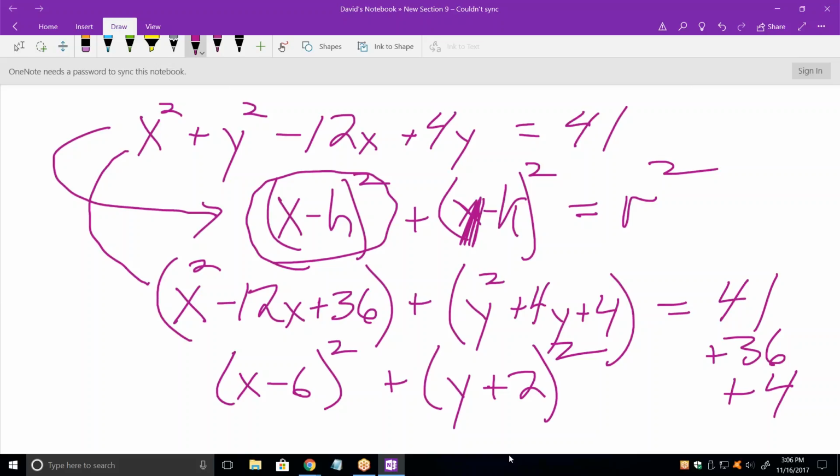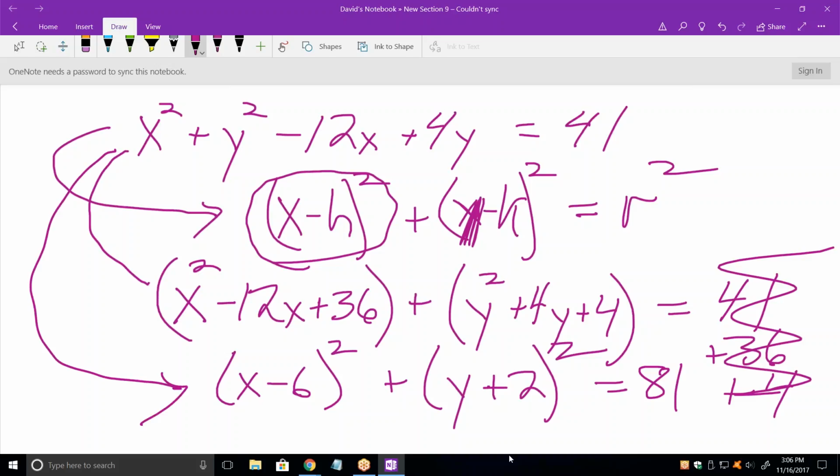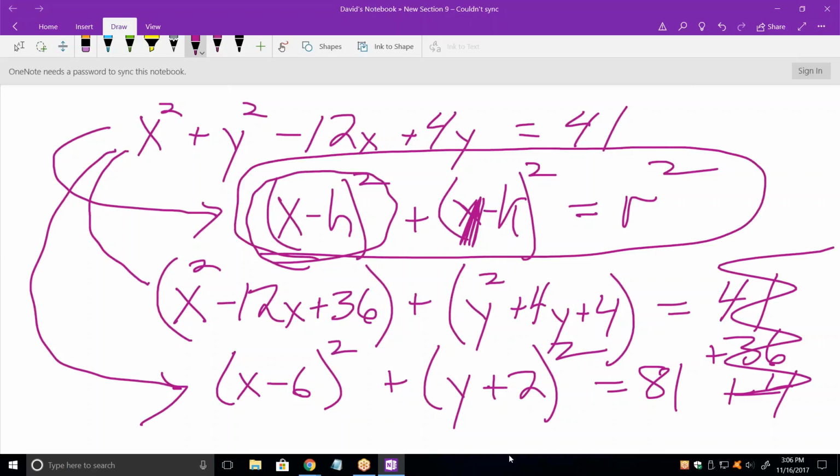And then the other side is 81, whatever you got when you added 36 and 4 to 41. Now, I haven't changed it. It's still exactly the same equation. We've just rearranged it into the standard format for a circle, and now we can tell where the center is and what r is.